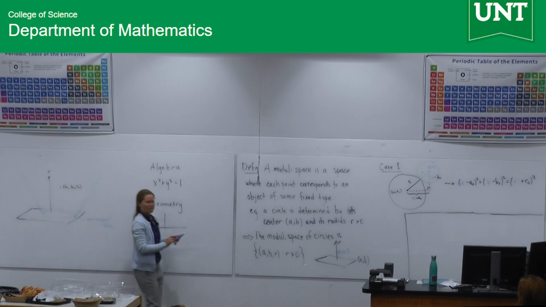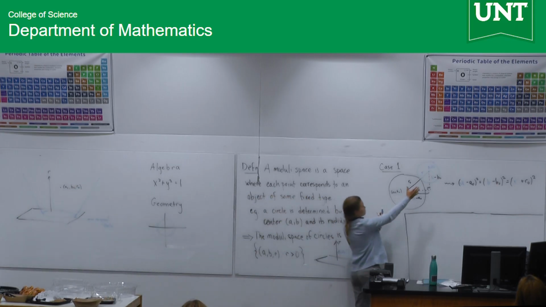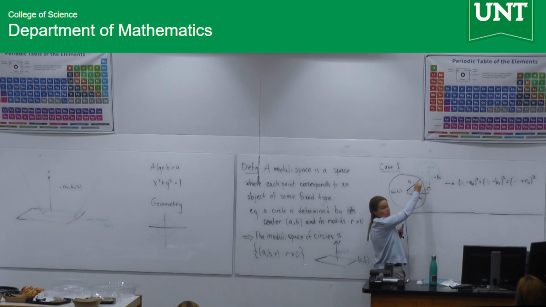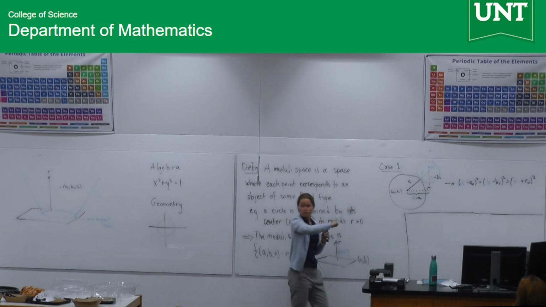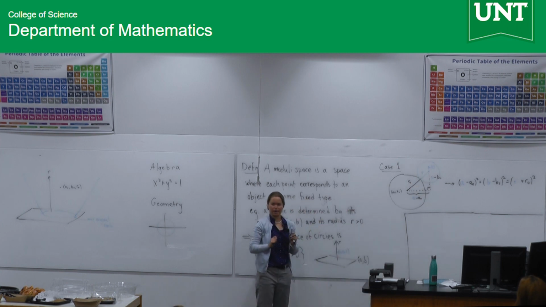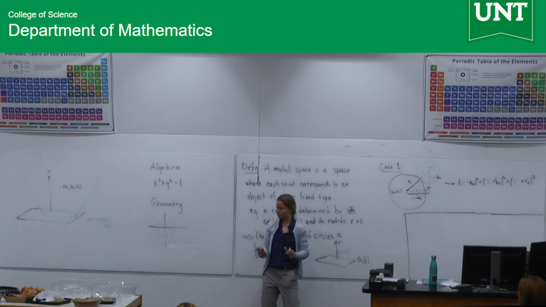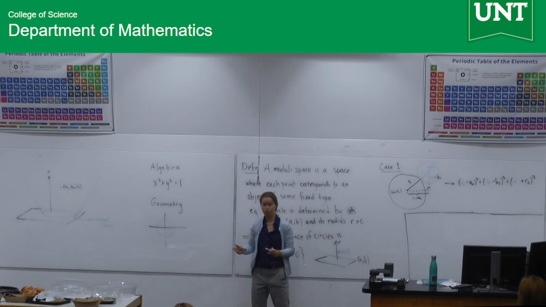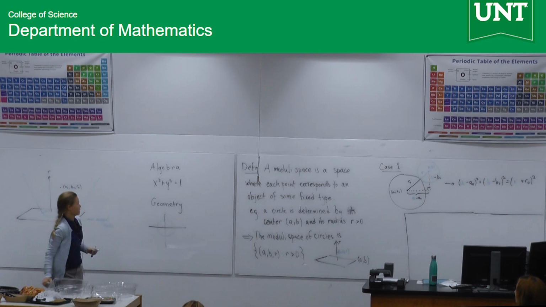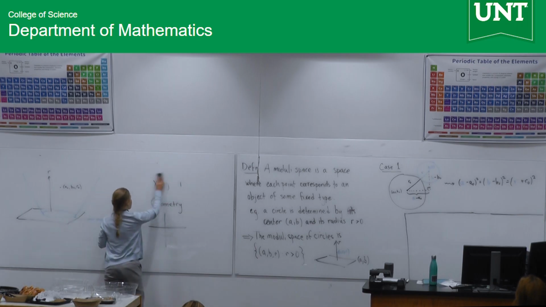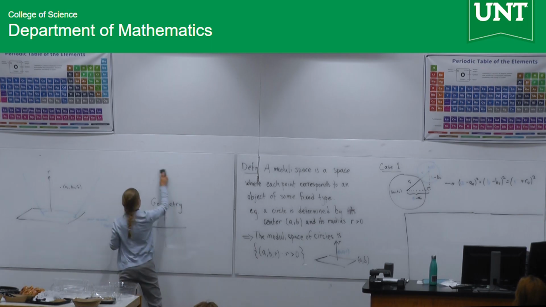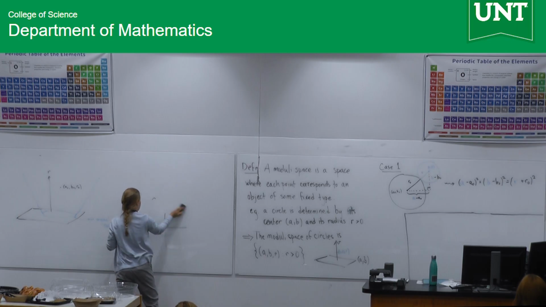And that kind of makes sense. Think about if this blue circle had radius 0, it would shrink down until it were right on the edge of that fixed black circle. Okay, any questions about case 1? Okay, so now let's go on to case 2, which is when one of the circles contains the other.